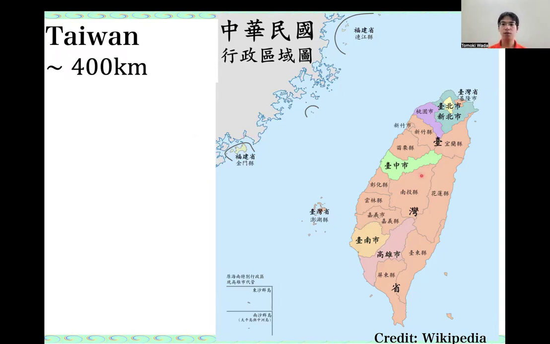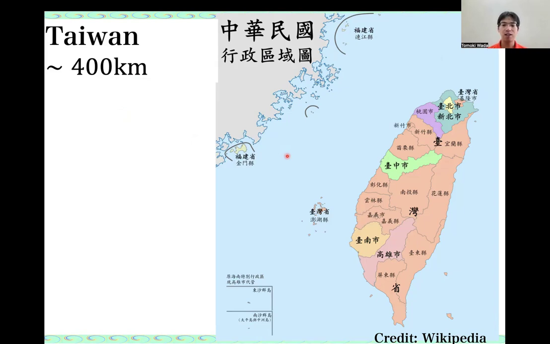The size of Taiwan island is about 400 kilometers. This is much, much bigger than NCHU, but it is still smaller than many other objects in our universe.